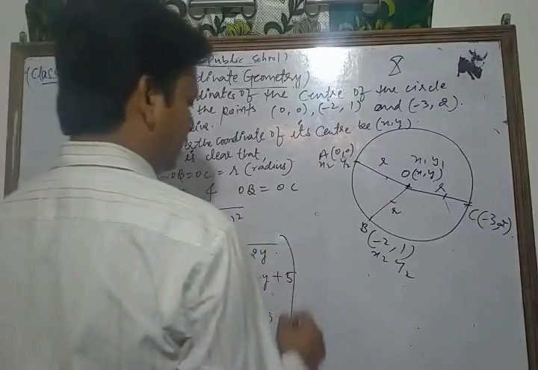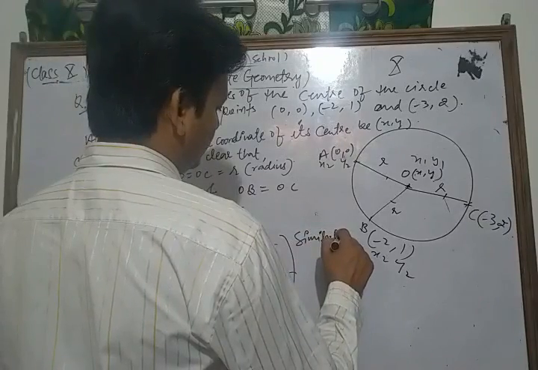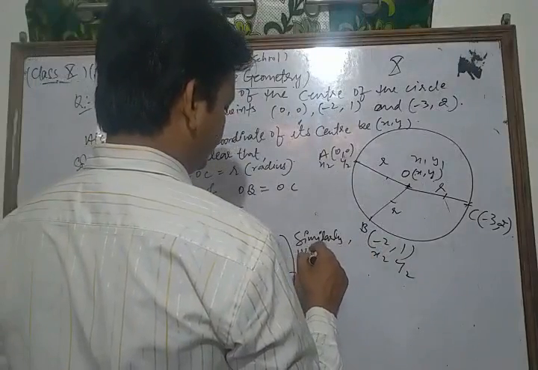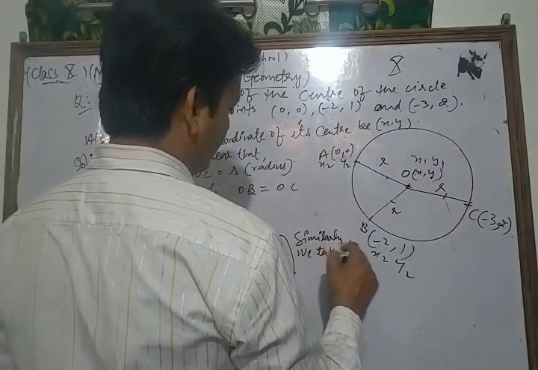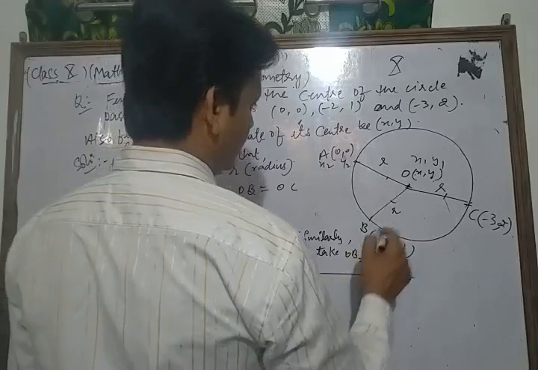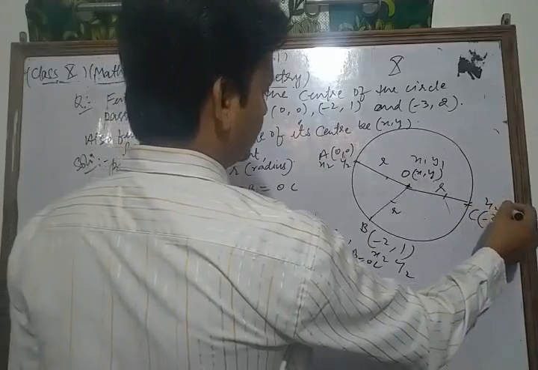Now clear? Now similarly we take next condition, OB is equal to OC. Now for OB, x1 y1, and for OC we take x2 y2.